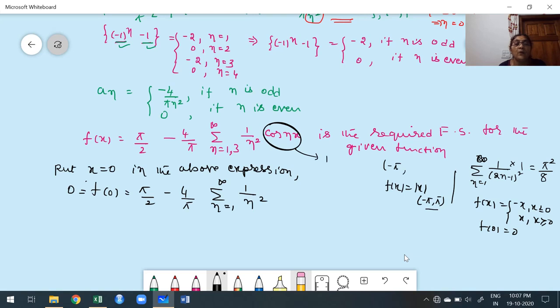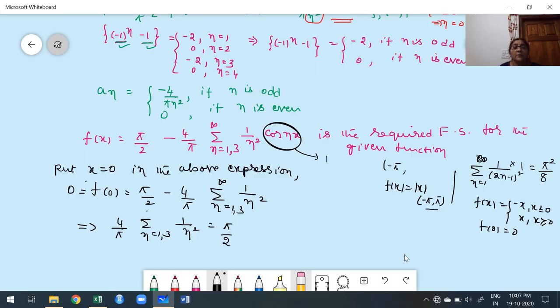What I am going to do here is take this negative term to the left hand side. What we get is 4 by pi summation n ranging from 1, 3, because only odd values 1, 3, 1 by n square must be equal to pi by 2. Observe carefully, 1, 3, just try to put x is 0.